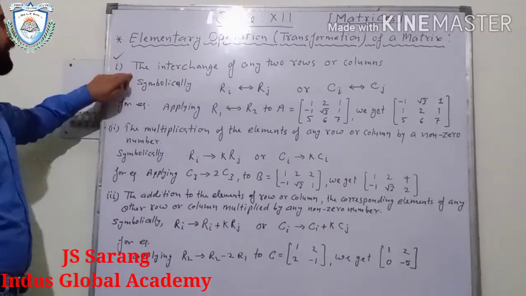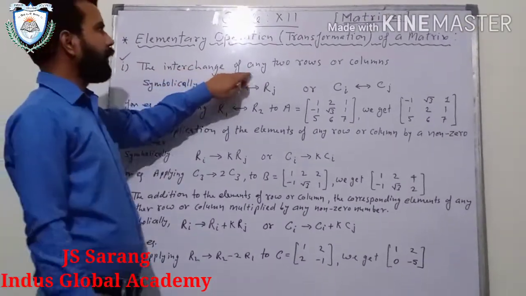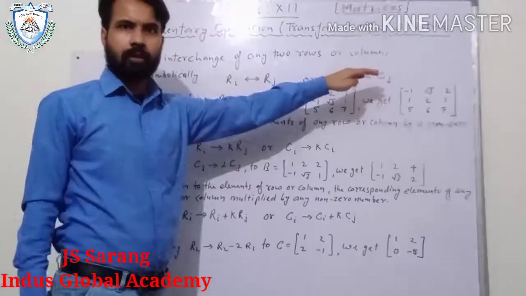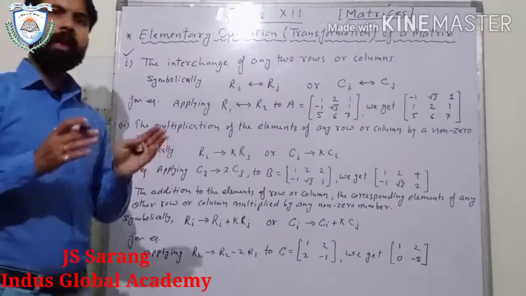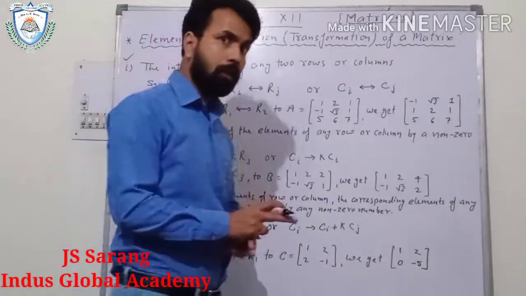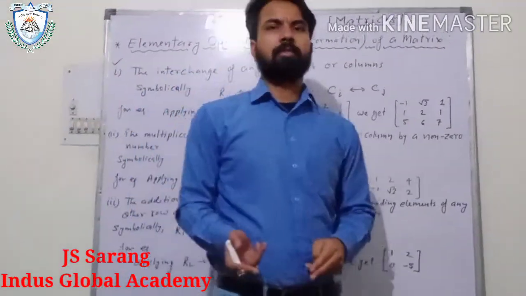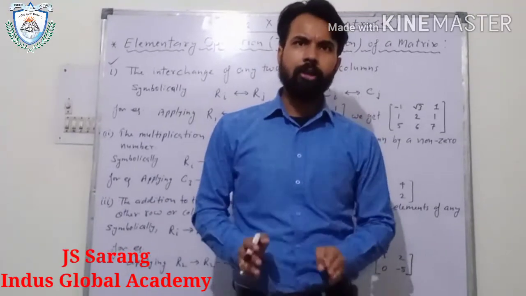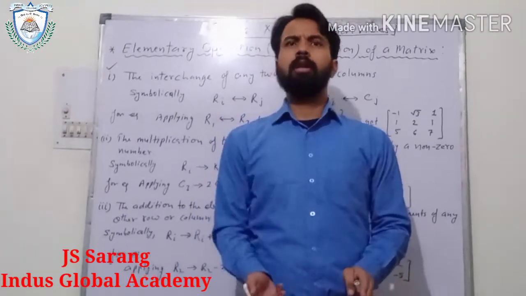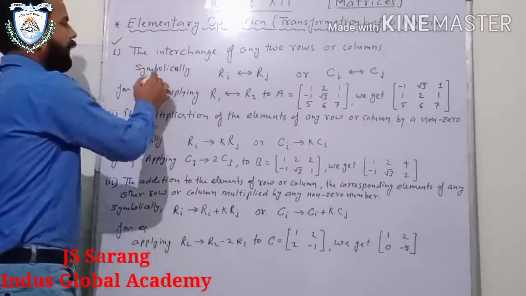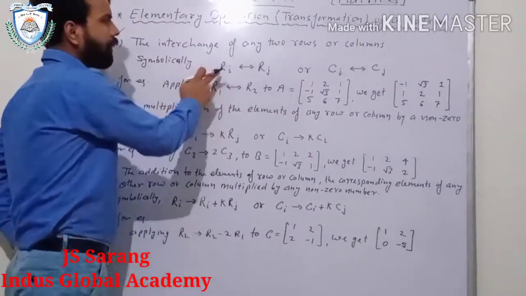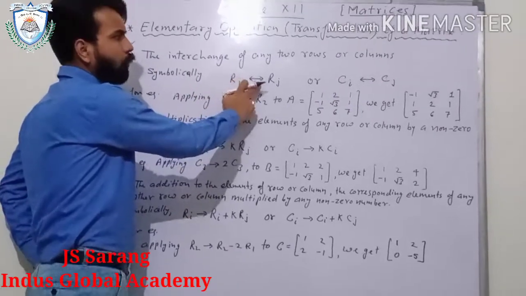This is the interchange of any 2 rows or columns. Means according to this operation we can change either 2 rows or 2 columns. We can interchange 2 rows or 2 columns of any matrices. Symbolically, we can represent them as Ri, both sided arrow.